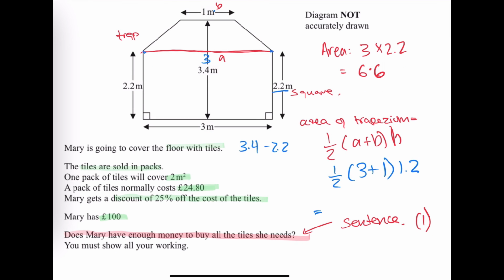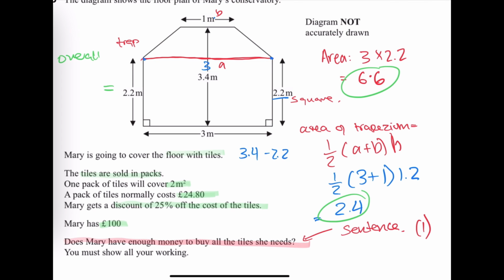And the area is 2.4. Now what we do is add both areas to see the overall area of her conservatory, which is 2.4 plus 6.6, which is 9. This is 9 meters squared.